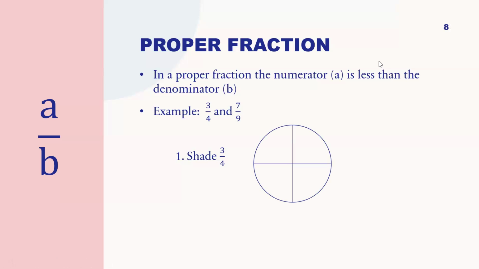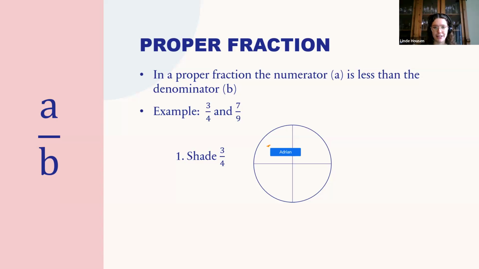Yes, let us try. Okay, perfect. Now, screen. Try to do. Now go to where you have view option and then click that button and say annotate. Yeah, perfect. I see Adrian already.